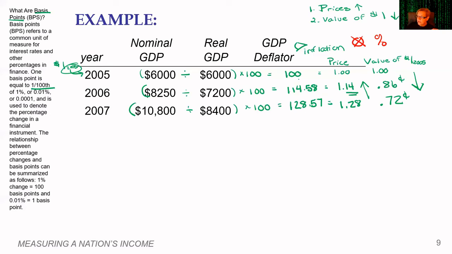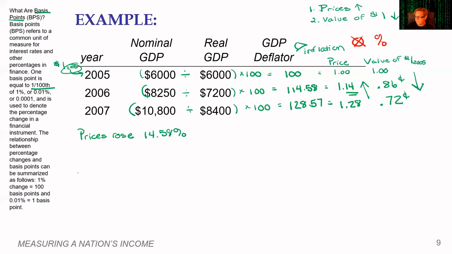Now, the other reason we like basis points, I'm going to stick with this column right here, just the GDP deflator, and show you why economists like to use the GDP deflator. The reason we like it is because I can quickly make statements. So I can say prices rose 14.58%.